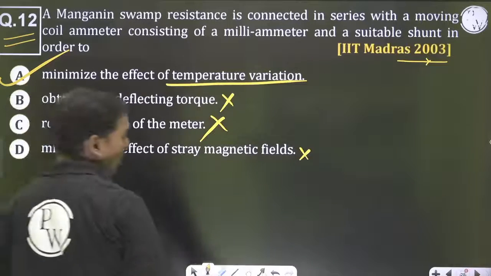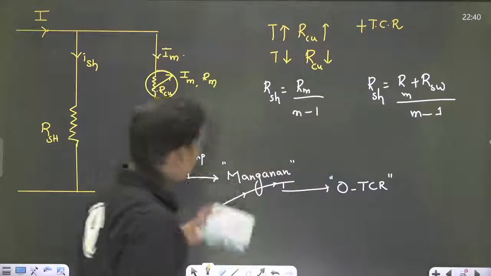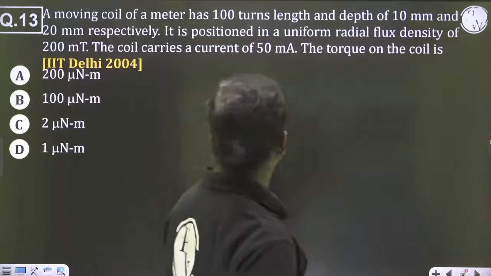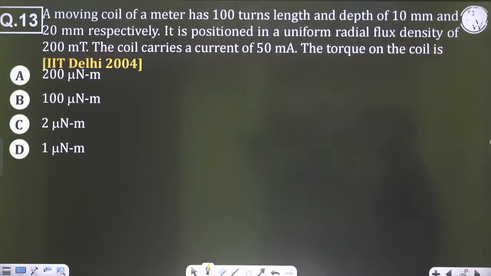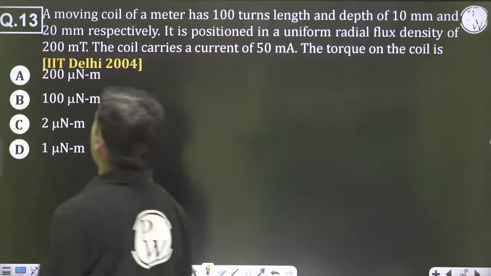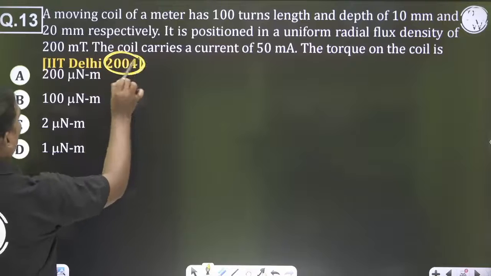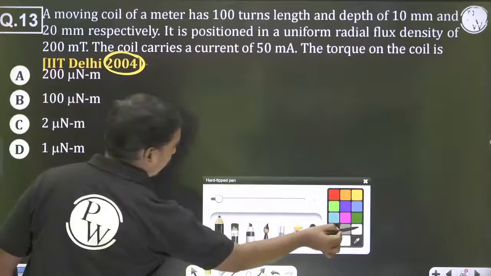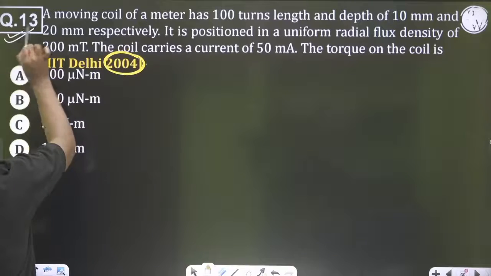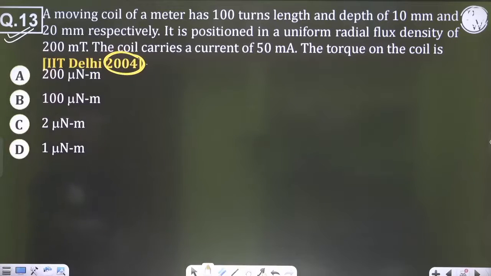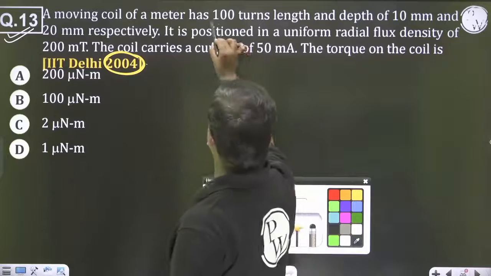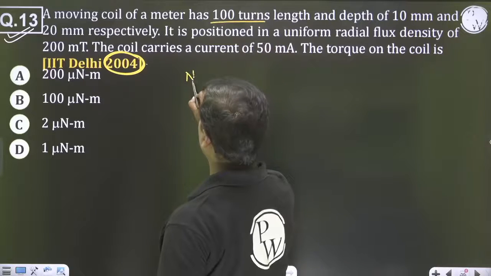Okay, chalo, let us move to question number 13. This question was asked recently, IIT Delhi 2004. A moving coil of a meter has 100 turns, N. So that means N is given.